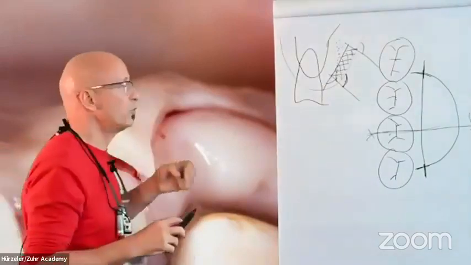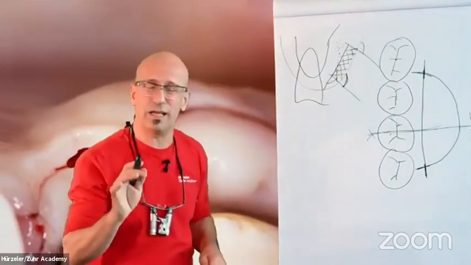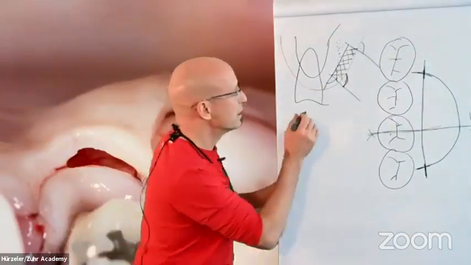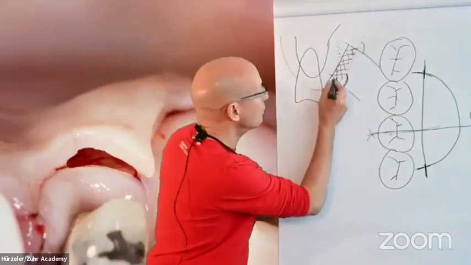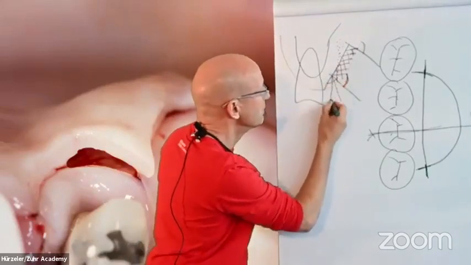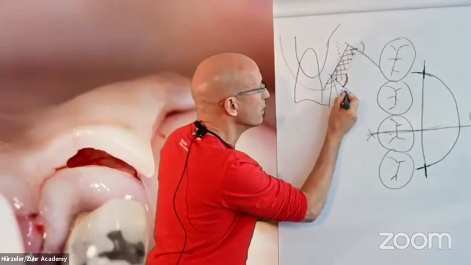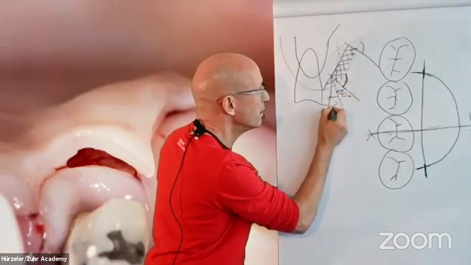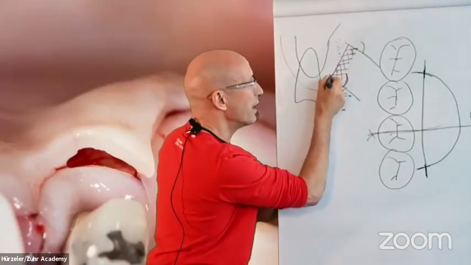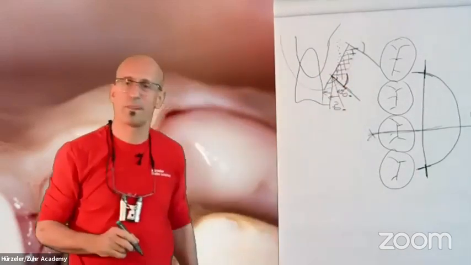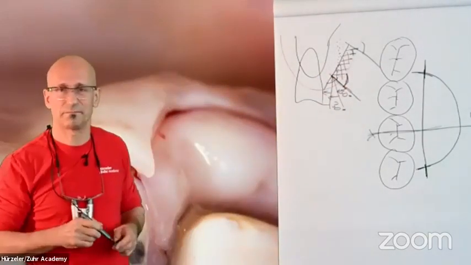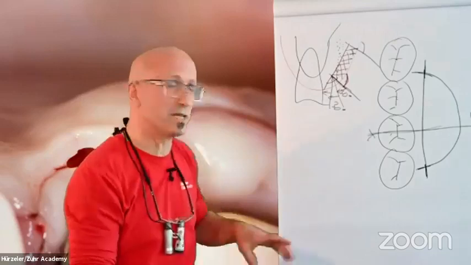So what we have to learn, and that's now really, really important, is how do we get around the corner here at this first incision. That's the secret. That's the maximum secret.